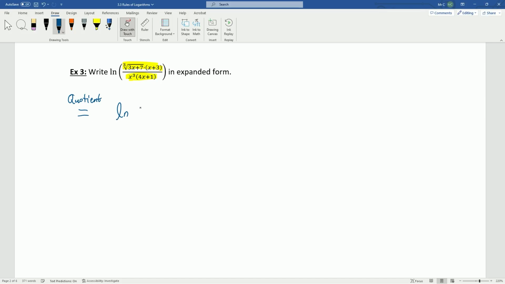the natural log of, and this cubed root, while I'm at it, I'm going to rewrite this as the 1/3 power times x plus 3, minus the natural log of x cubed times 4x plus 1.